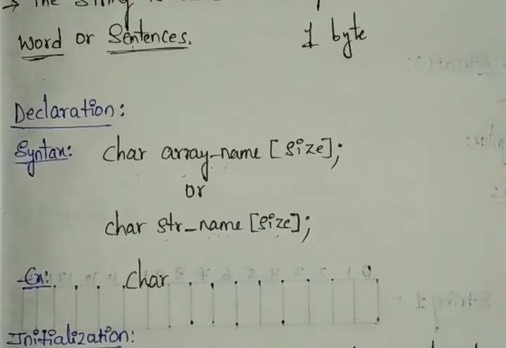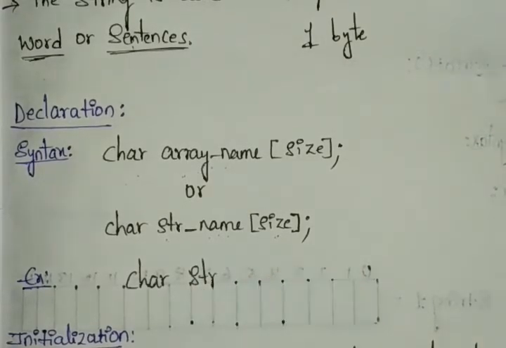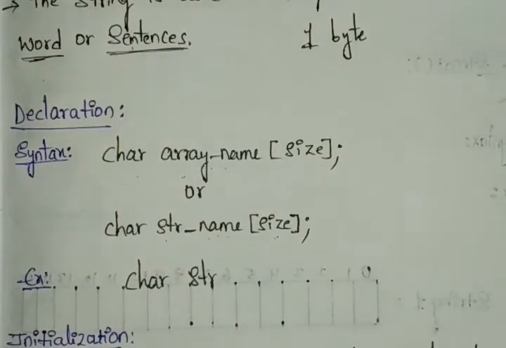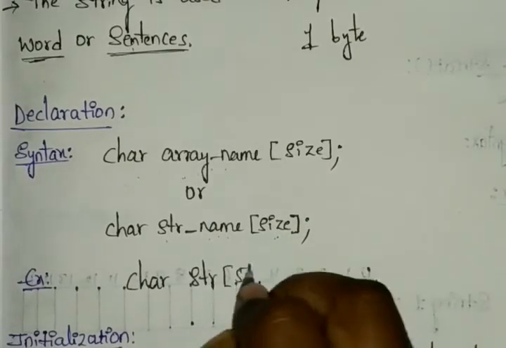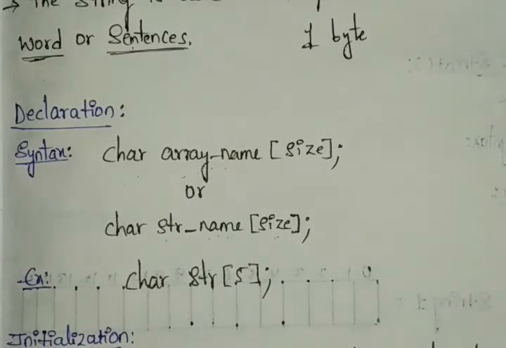I am choosing str as the string name, and here I am taking the size as 5. This is your choice, how much size you need, depending on the word or sentence you choose.